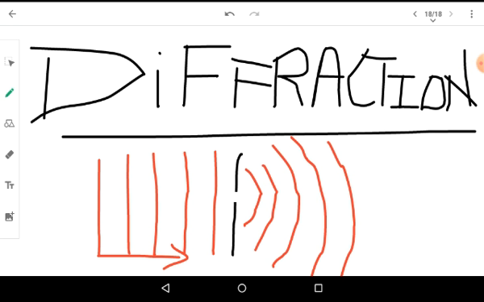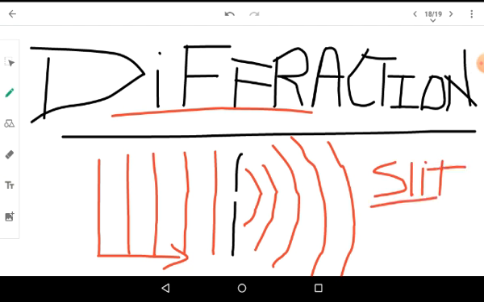So this property of light, when it makes contact with a very small hole in a very thin wall, where it bends, is called diffraction. Also note that we call this hole a slit. So this is the slit experiment, or you can say it is diffraction only.